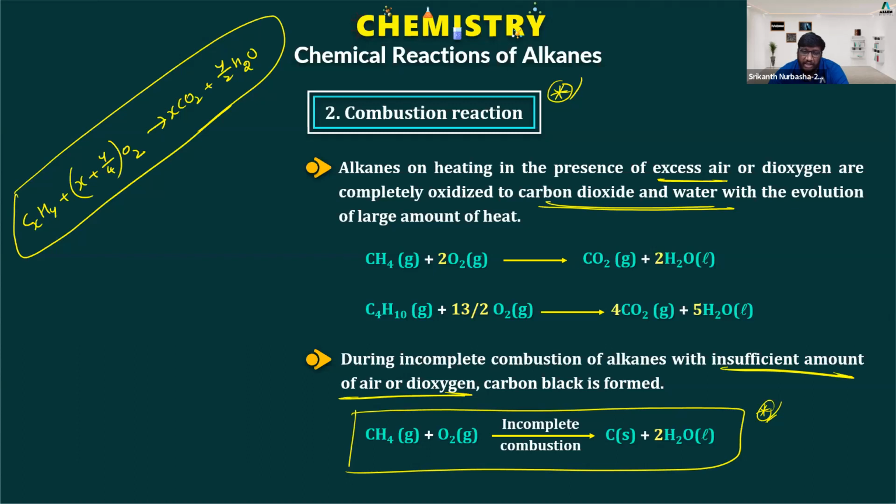Along with incomplete and complete combustion, there are some controlled combustion reactions. They are decided by the type of catalyst we have used.